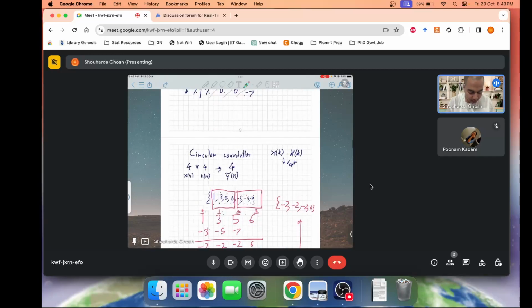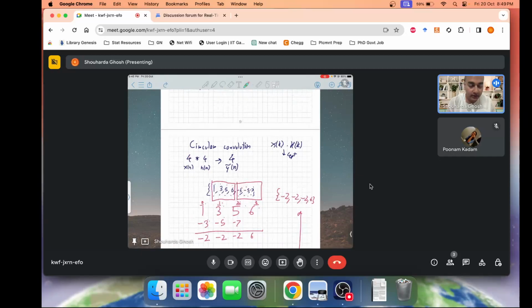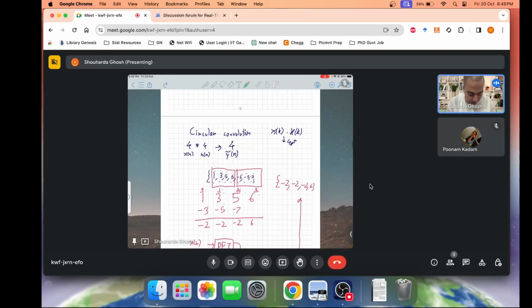Let's say you have a 4-point DFT. So keep the first 4 samples as they are from your linear convolution, and then the last 3 samples you take and add with the first 3 samples.